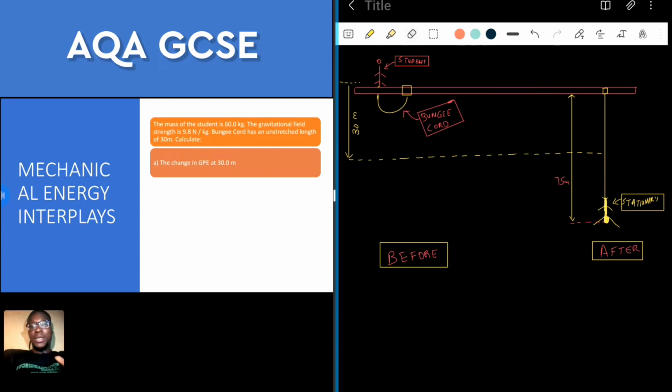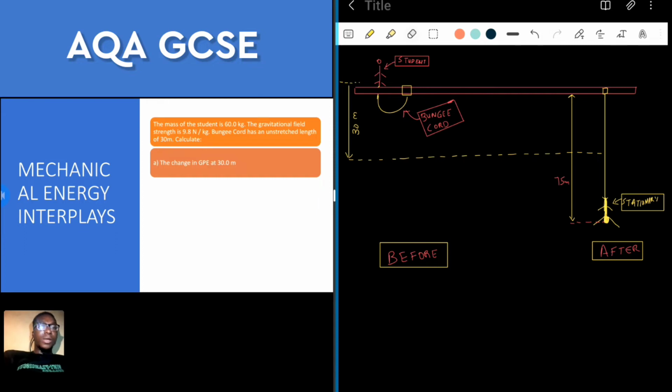We're just assuming here that without putting too much stress on the bungee cord, we're going to have 30 meters. That's why the question says the unstretched length. Invariably the cord can actually extend beyond 30 meters.